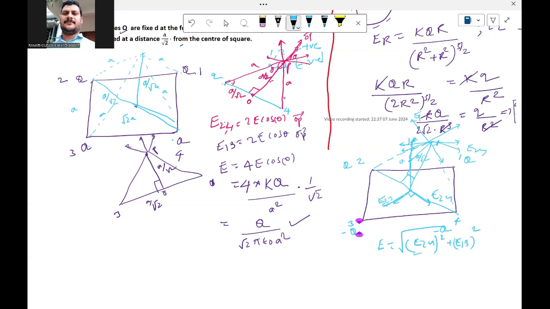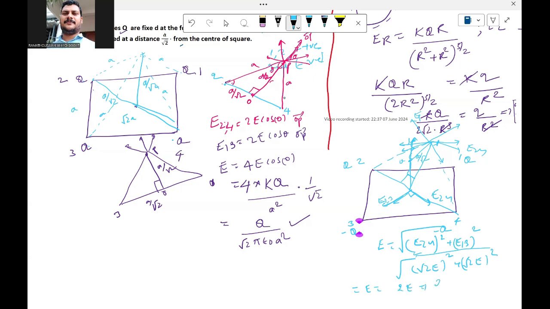E24 is the resultant of E2 and E4. So that equals root 2 into E, where E is equal to KQ by A square, all the E's, right? Whole square plus this is also root 2 into E whole square. So overall root, root 2E whole square is 2E square plus 2E square, total 4E square, that equals 2E.